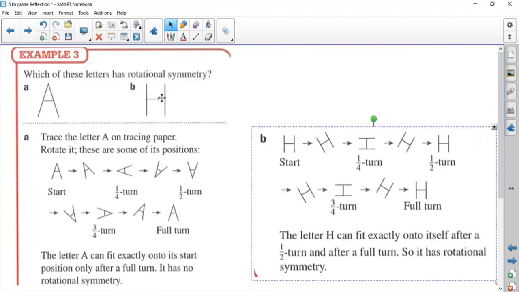But the letter H, if we rotate it step by step, we'll see that at a half turn, it will have the original position. You can continue again, and at the full turn, it will come again to the original position. So H has rotational symmetry. You can have a look at the other examples in your book too.